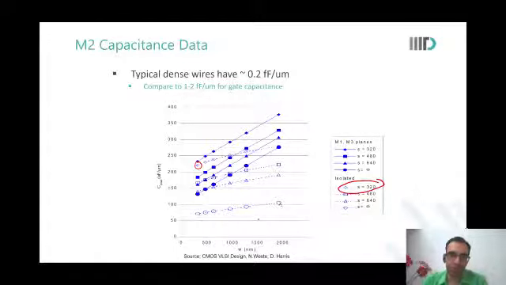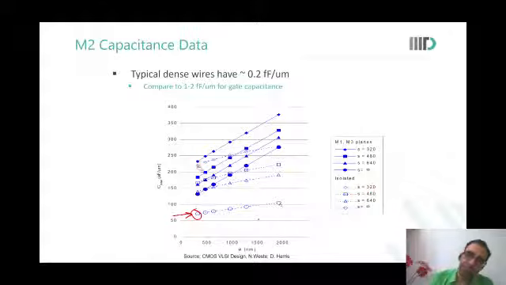You see, if there was only a single wire and no other wire, the wire capacitance would have been something like 60 or 70 attofarads per micron. When I brought other wires close to it, reducing the spacing, the capacitance increased from that 60 to something like 230.